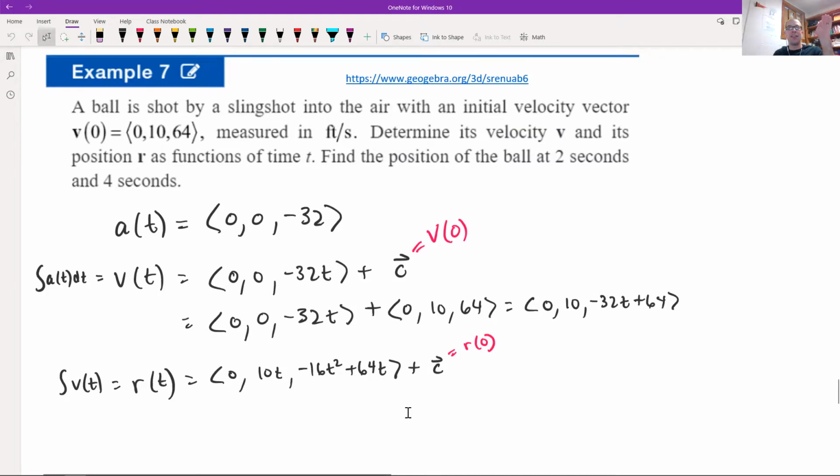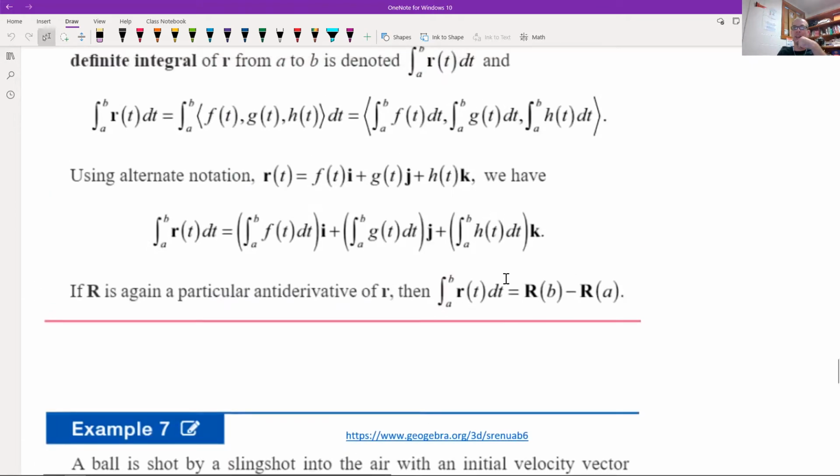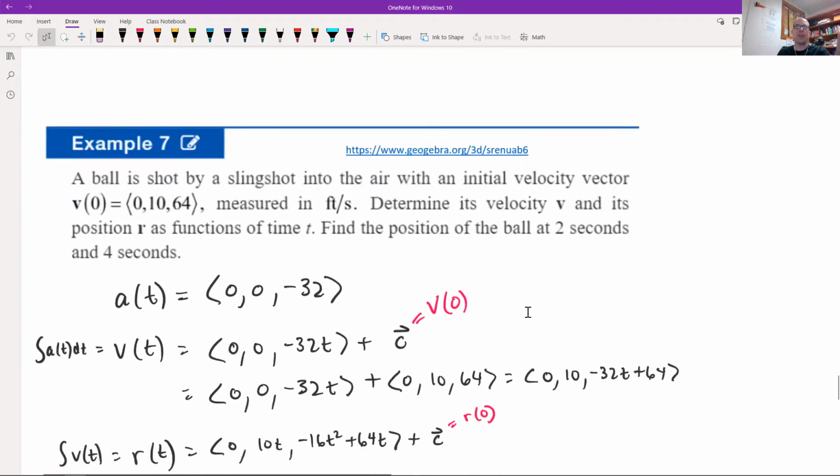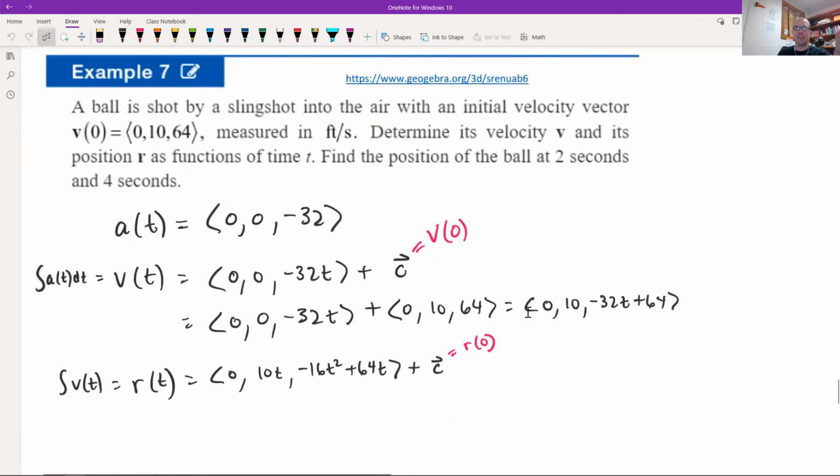Okay. And honestly, if you were using the velocity function as the derivative of the position function and using the fundamental theorem of calculus to derive this, one of the ways you could do it, in order to find the position of the ball at say 2 seconds, which would be r of 2, is, I mean, it'd be easy just to plug 2 in here and get it that way.